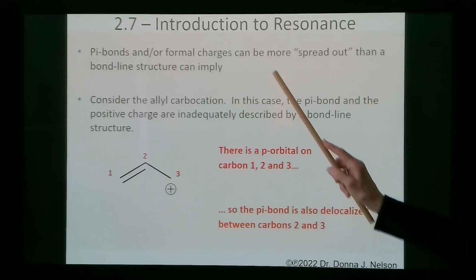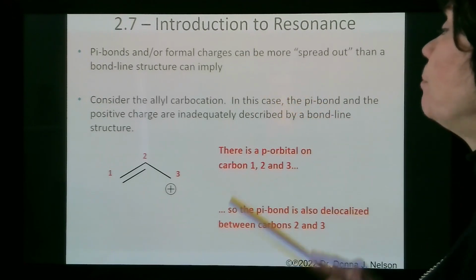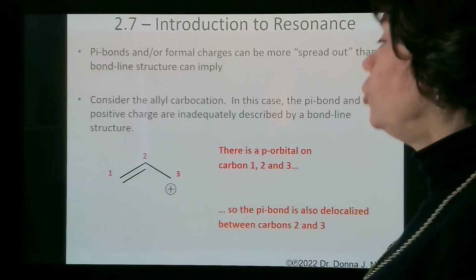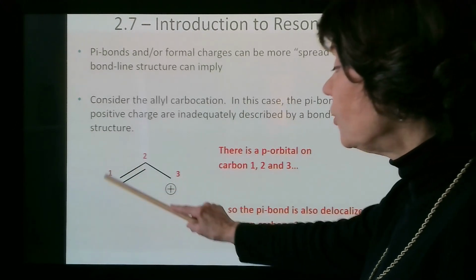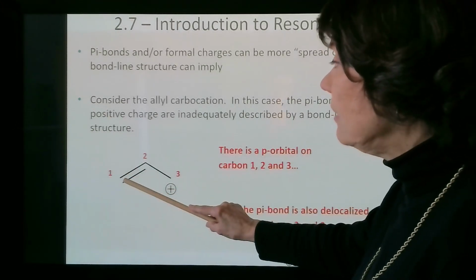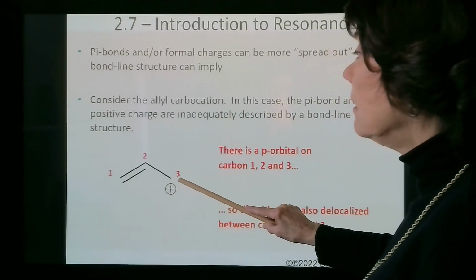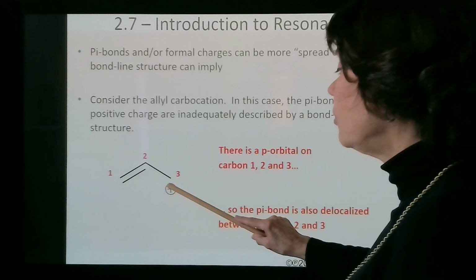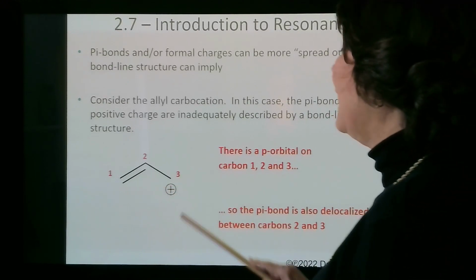So, pi bonds and formal charges can be more spread out than a bond line structure shows. Consider this cation. This is the allyl carbocation. The pi bond and the positive charge are really interacting.